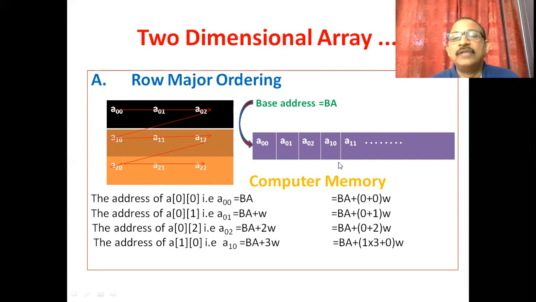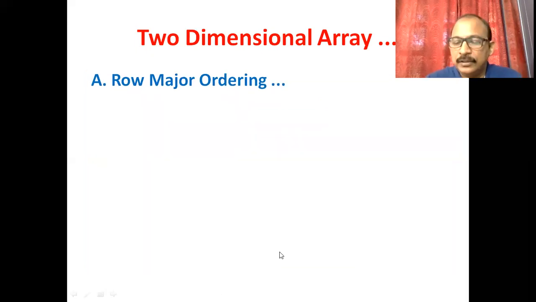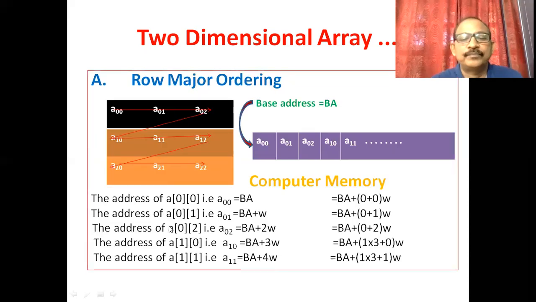You can verify: BA plus W plus W plus W is BA plus 3W. Here you can see the addresses of A00, A01, A02.